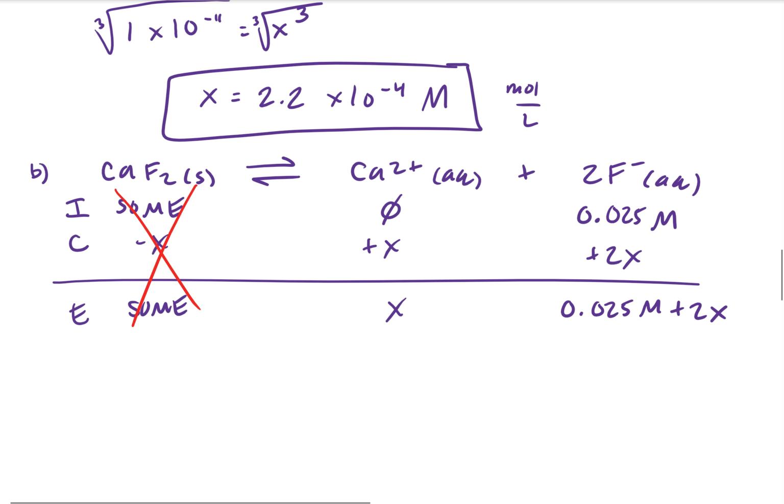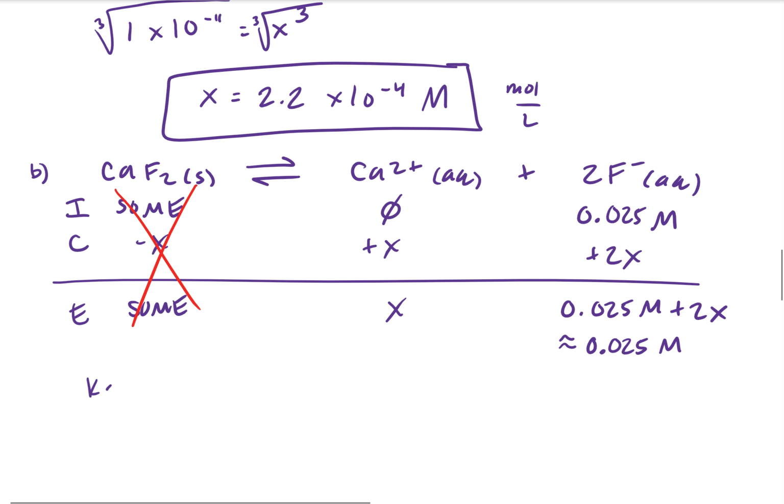And since KSP values are typically so small and X is so small, if I was to solve for X and then plug it in to my equilibrium concentration for fluoride, its concentration is not going to significantly change because X is going to be so small. It's not going to significantly change the 0.025 molar. So you are allowed to approximate for KSP ice charts. You're allowed to say that the equilibrium concentration of the fluoride is still 0.025 molar.